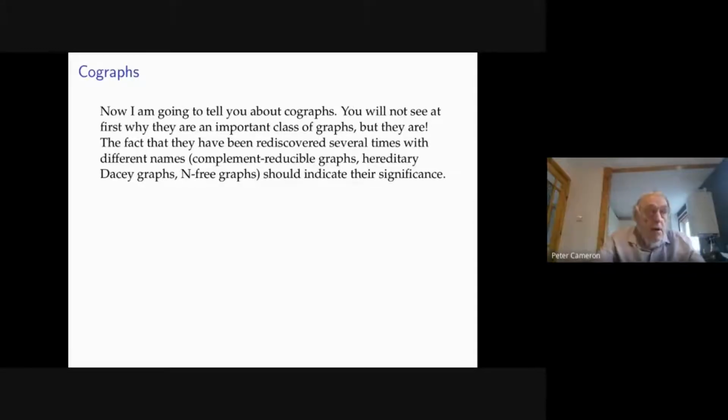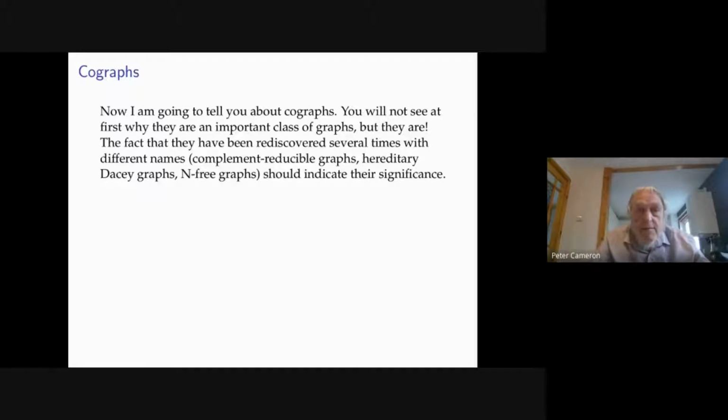So today I'm going to be mostly talking about a class of graphs called cographs. Now, I'll define them, and you probably won't see initially why they're important or why I'm making such a big deal about them, but you will.